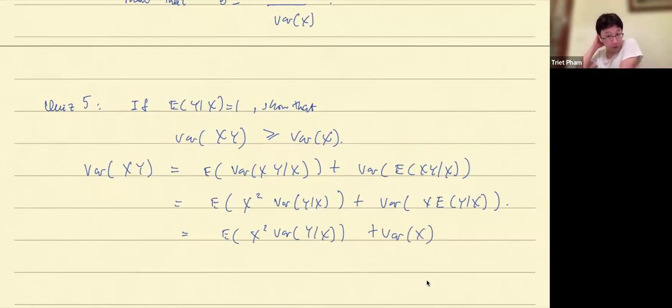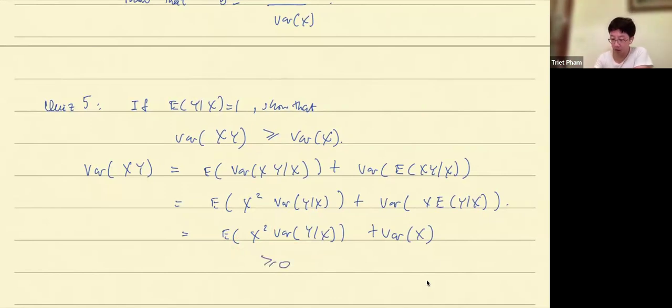So the only thing to recognize now is that whatever this is, it's a non-negative random variable, because x squared is non-negative, and variance, however you calculate variance, will be non-negative. So therefore, the whole term is non-negative.